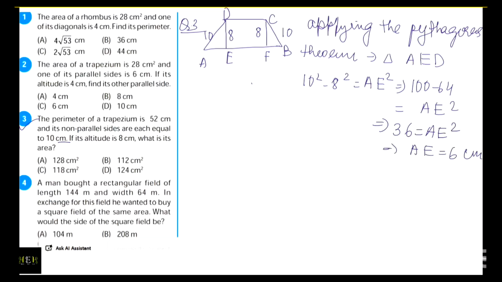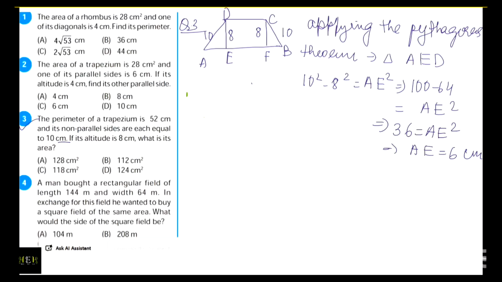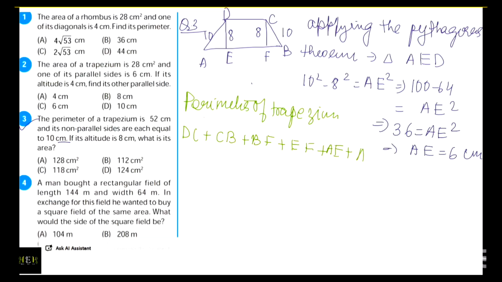Now next, I'm changing the color so it will be more clear to you. Now I will say perimeter of trapezium. The trapezium given over here, so it will be DC plus CB plus BF plus EF plus AE plus AD. I have written all the parts this way. So I will put the values.